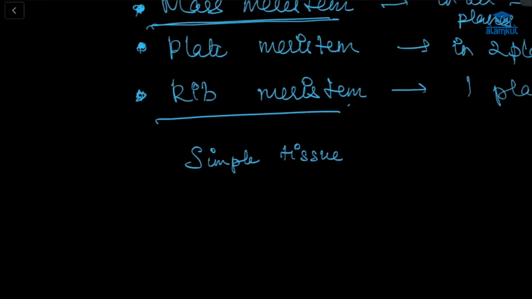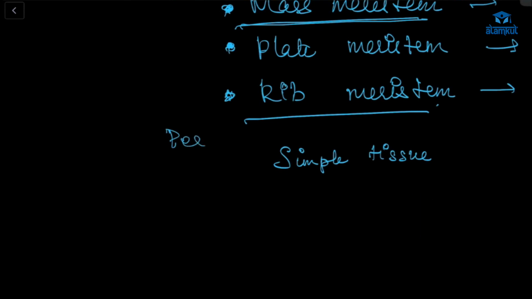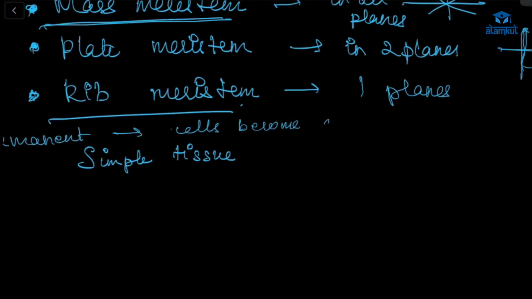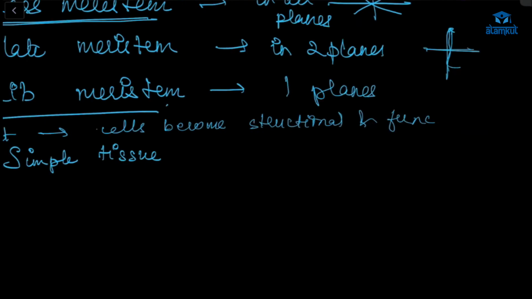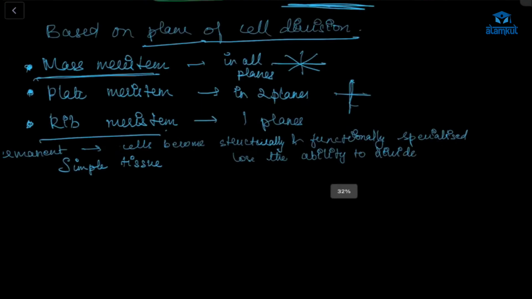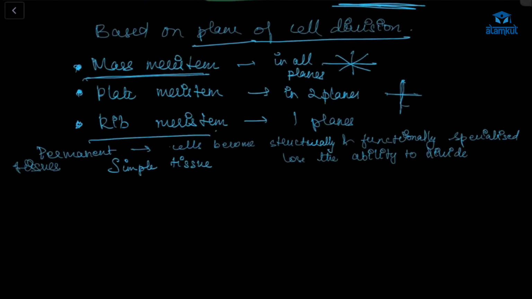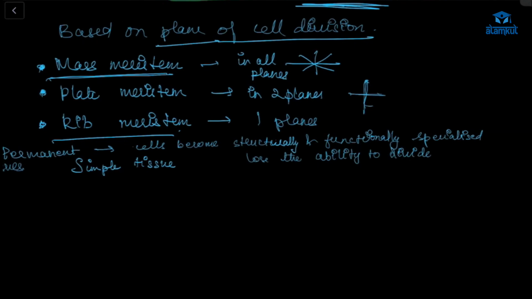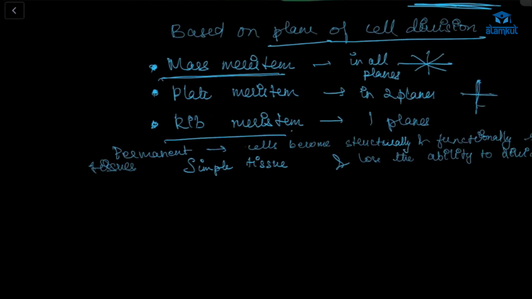Permanent tissue: what are permanent tissues? Here, the cells structurally and functionally become specialized, and they lose the ability to divide. They are further divided into two categories, simple permanent tissue and complex permanent tissue.